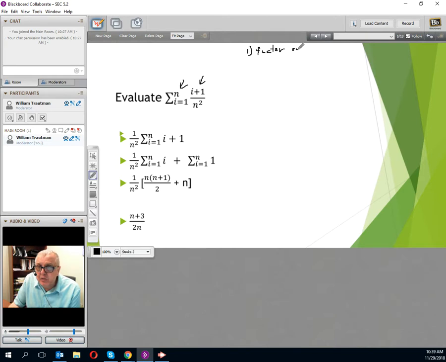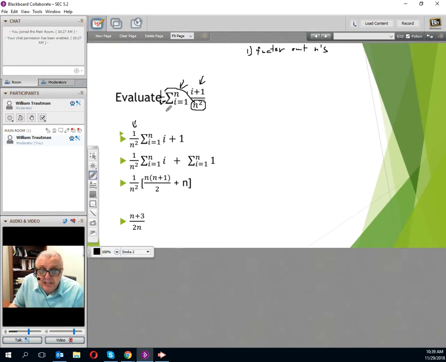Factor out n's. And if you notice, see this n squared? I'm going to just factor it out. That's what they did. This is 1 over n squared, and they factored out the 1 over n squared. And when you factor that 1 over n squared out, you're left with the summation of I plus 1.